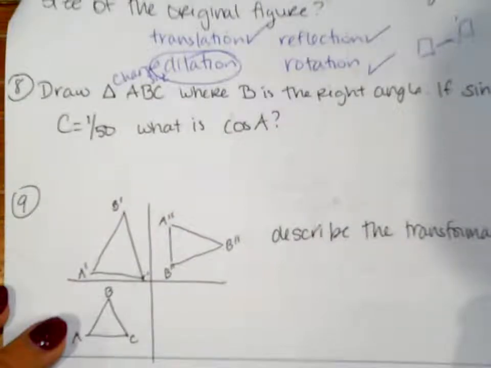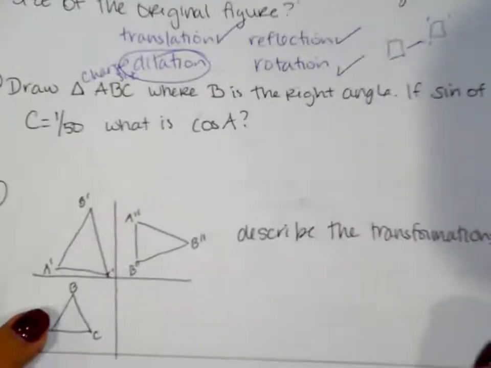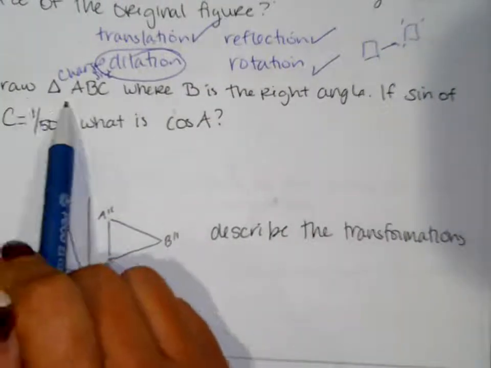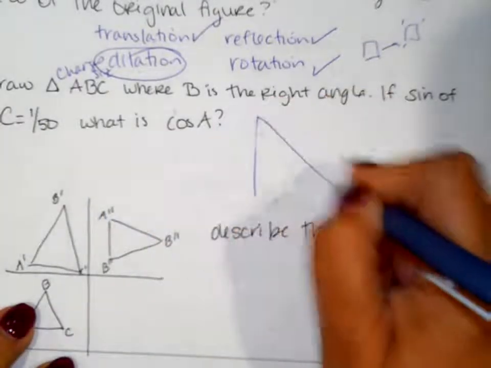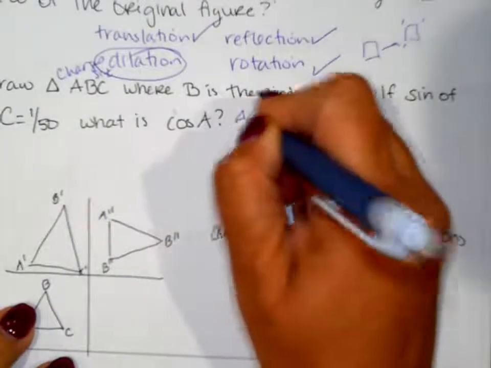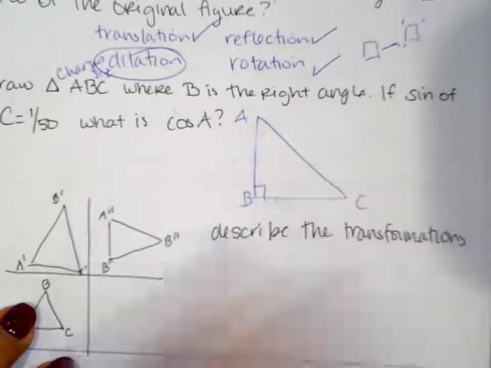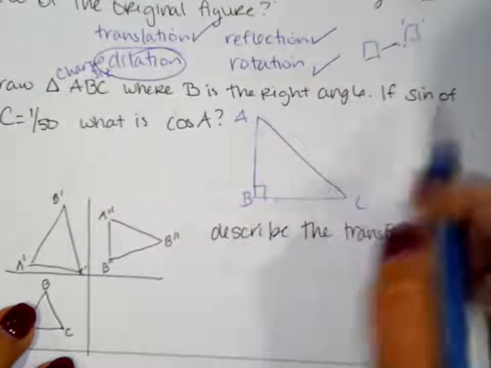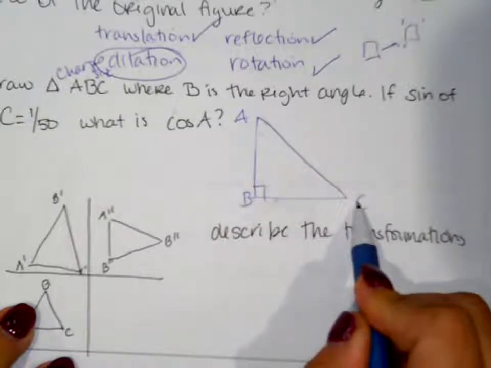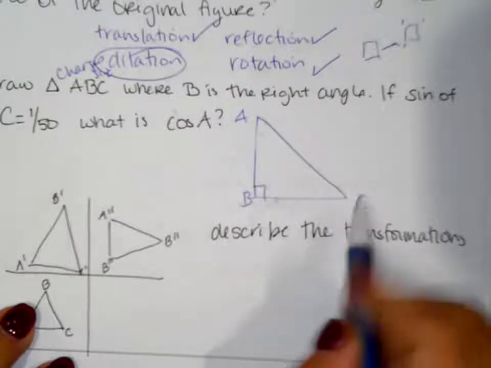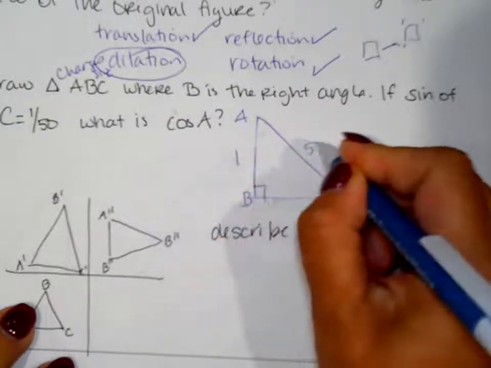All right, this guy here. Draw a triangle ABC where B is the right angle. If the sine of C is 1 over 50, what is the cosine of A? All right, so sine of C is opposite over hypotenuse.